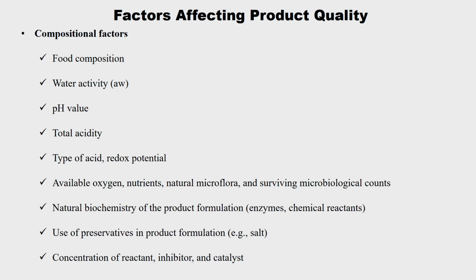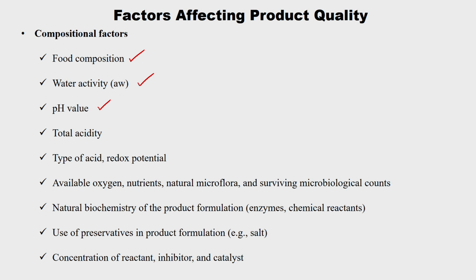So, the factors affecting product quality are food composition, I mean which food, liquid or solid or semi-solid, and whether the food contains acid or certain enzymes, so all comes under the category of food composition. Then water activity, this water activity we have discussed enough, I mean what the favorable conditions are for the microorganisms to grow.